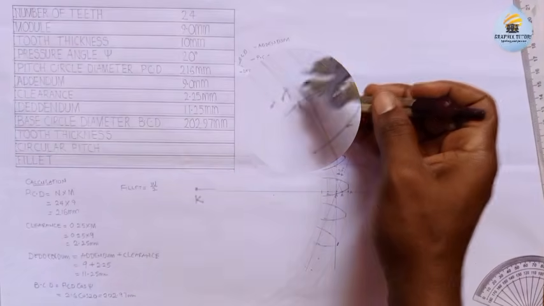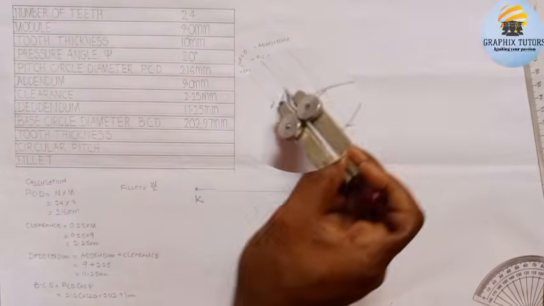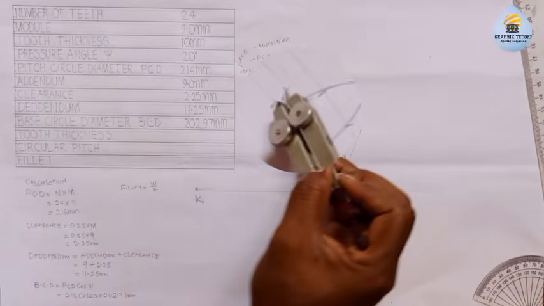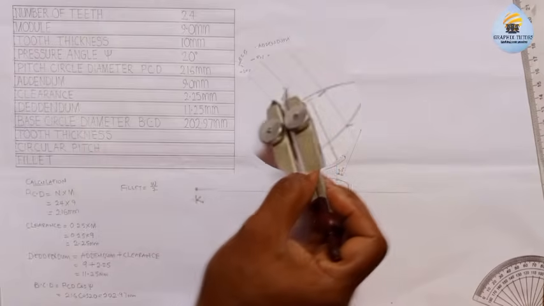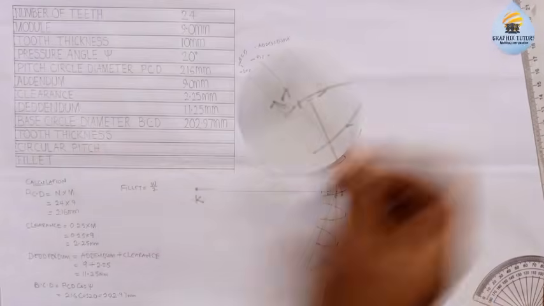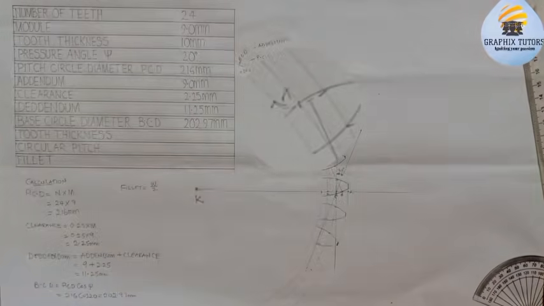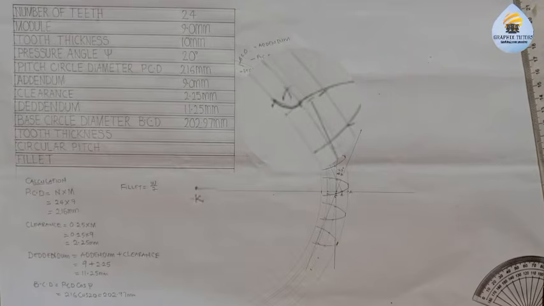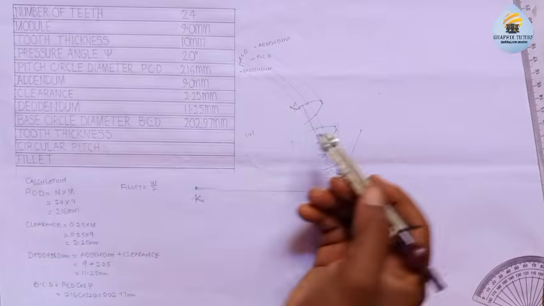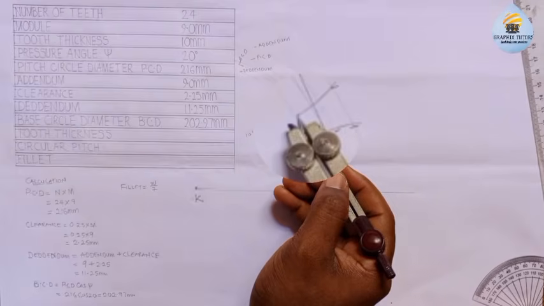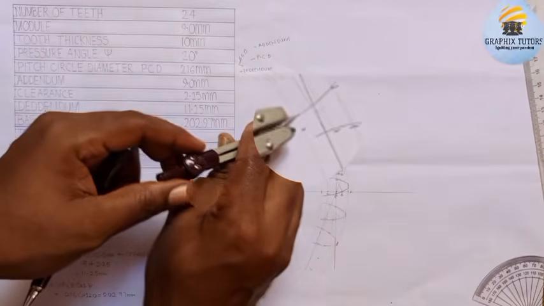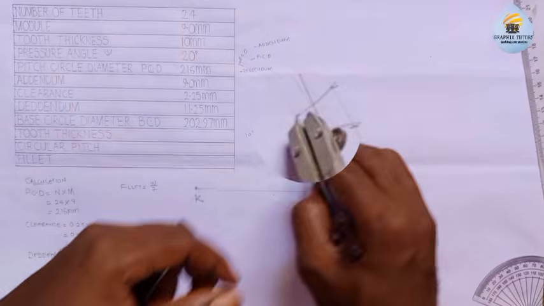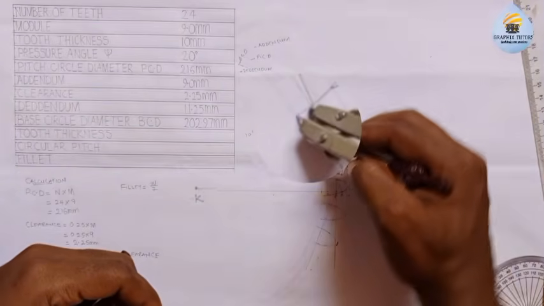So where they meet, I'll come to that point and I'm going to get this way. This is what I'm having. So I'm going to repeat the same thing for every point. I'll come here also. I'll do the same thing. I'll cut here, place it at that point here, cut here, and cut here.